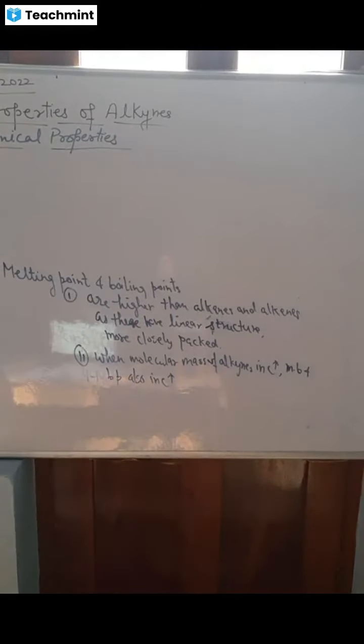So chemical properties. First of all, alkynes have at least one triple bond.